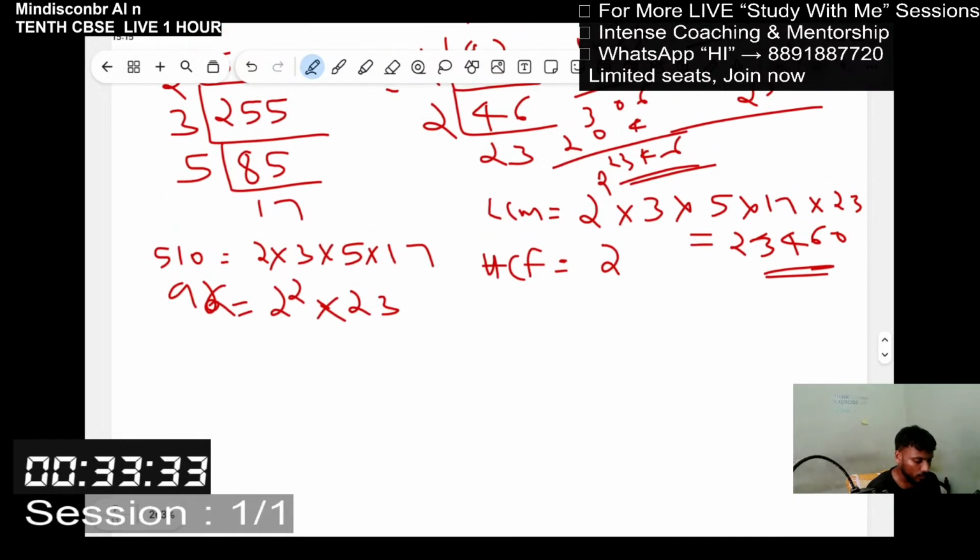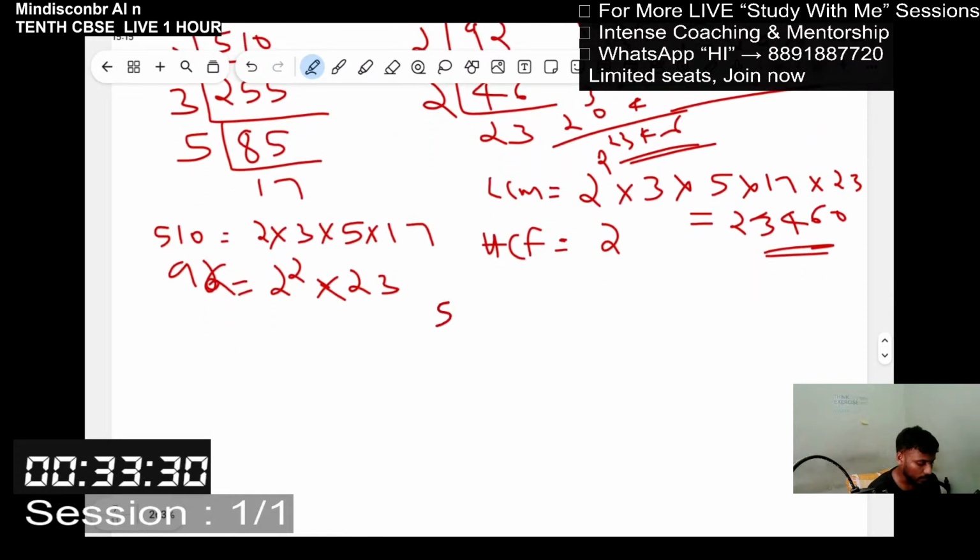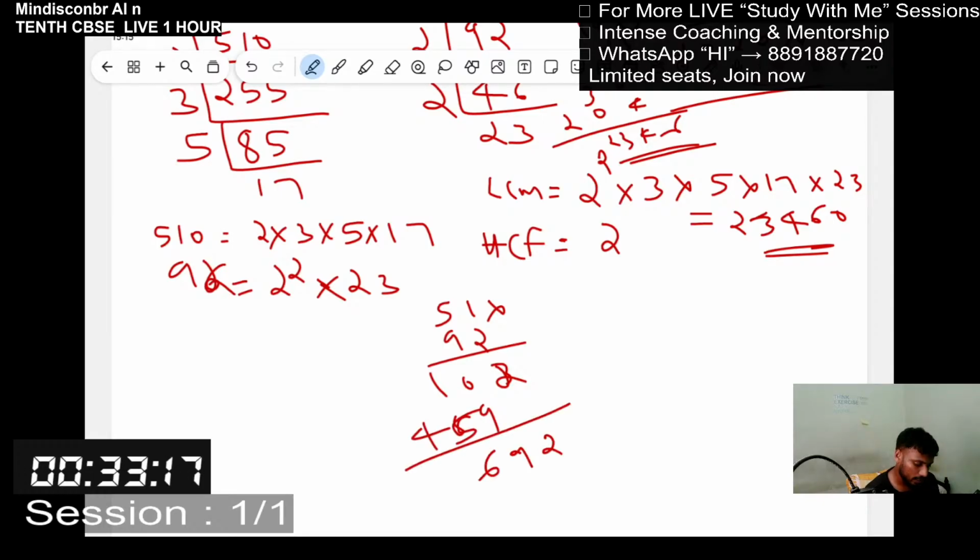Now we can look for the product of these two numbers, 510 into 92, which comes to 46920.